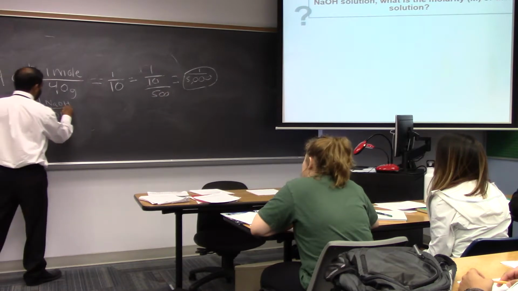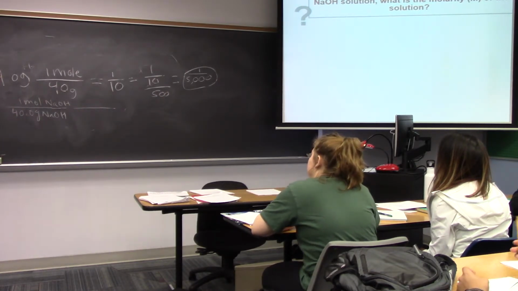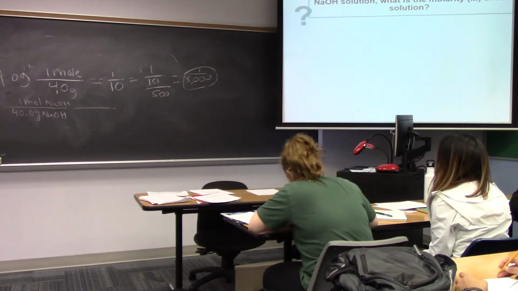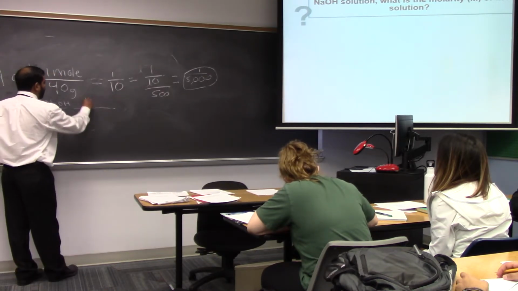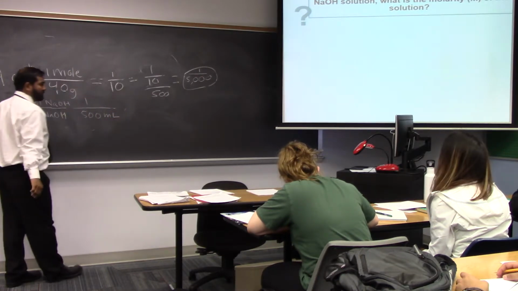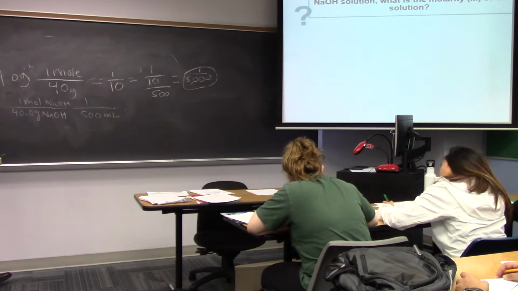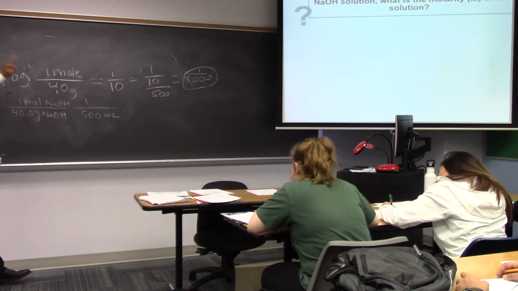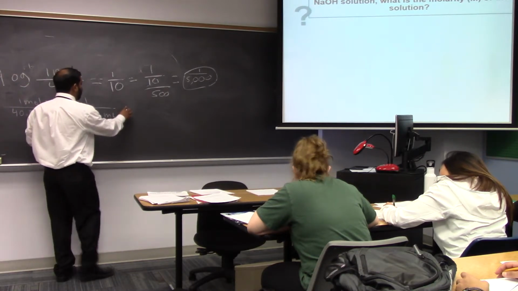And then you got the moles, you're dividing by volume in liters, right? So what is the volume you have? So 1 over 500 milliliters, right? But we said that for molarity it has to be in liters. How can you convert that volume to liters? You need to divide by 1000, right?